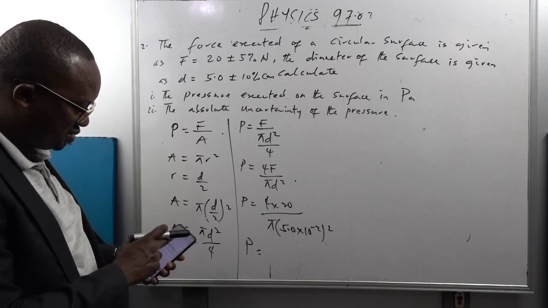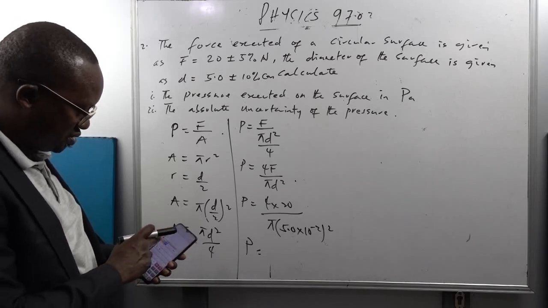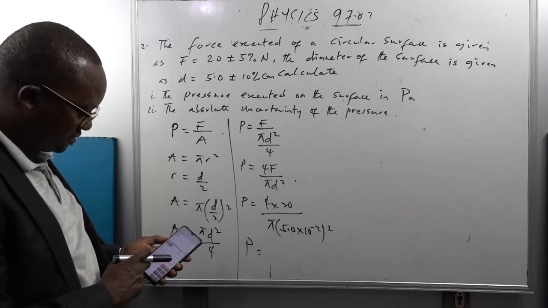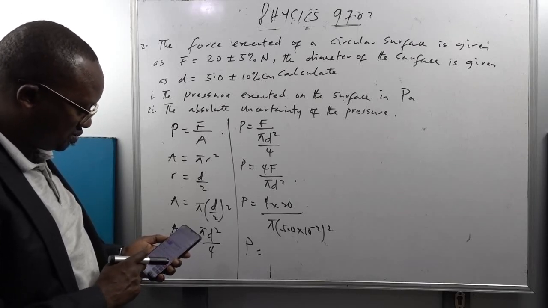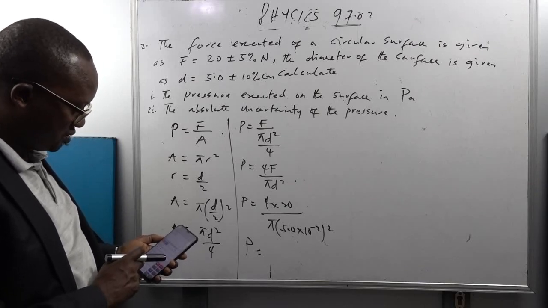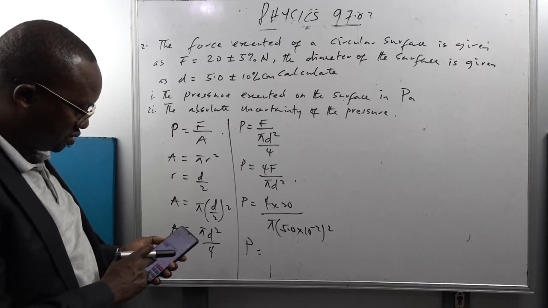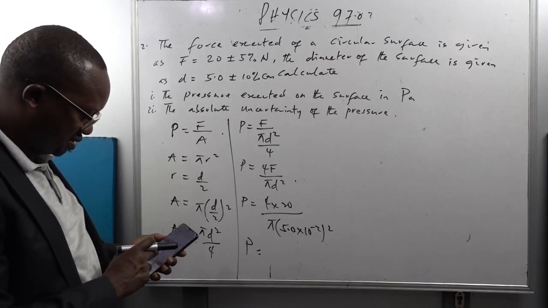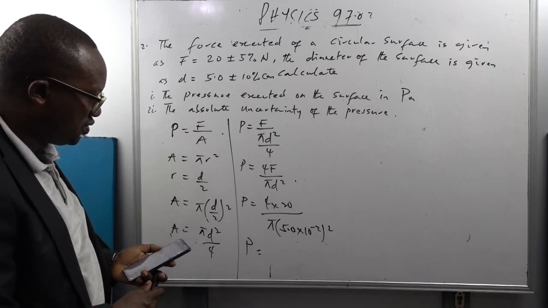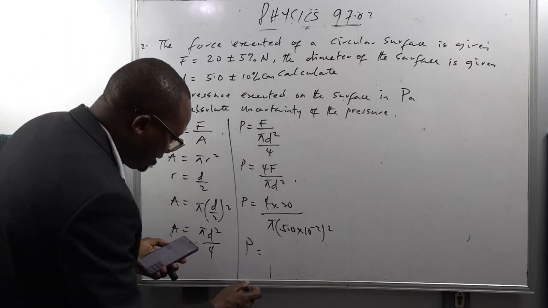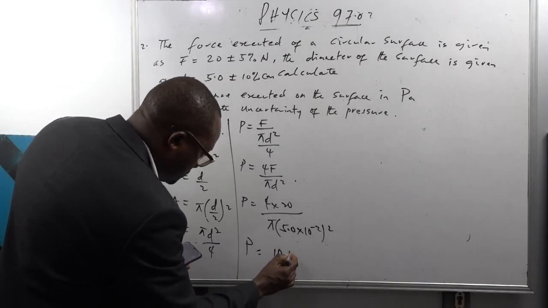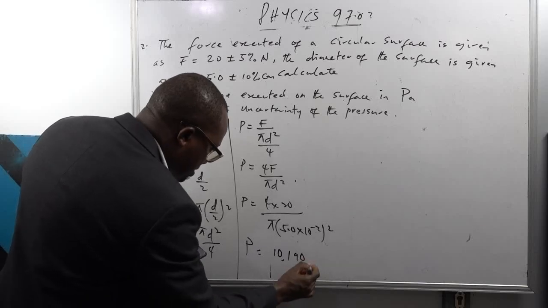You come to your scientific calculator, you put pi, open the bracket, 5.0, exponential minus 2, you close your bracket, you square that. So this will give you 10,190 pascals.